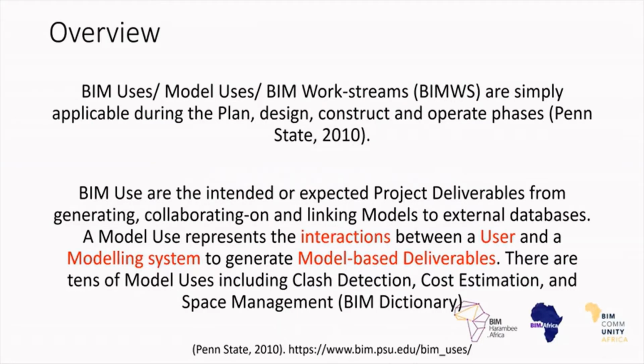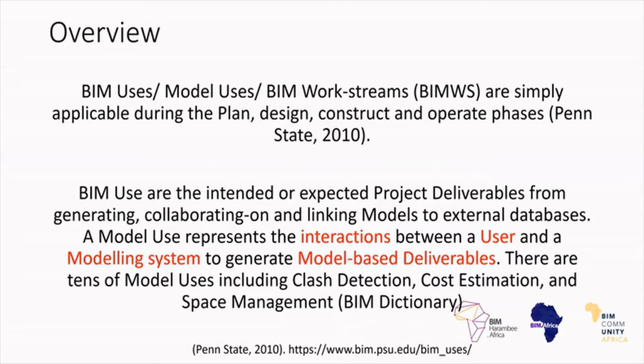They are used interchangeably, and basically they are applicable during the plan, design, construct, and operate phases based on Penn State University. And based on the BIM dictionary, these model uses represent interactions between the user and the modeling system, which is used to generate some BIM-based deliverables.